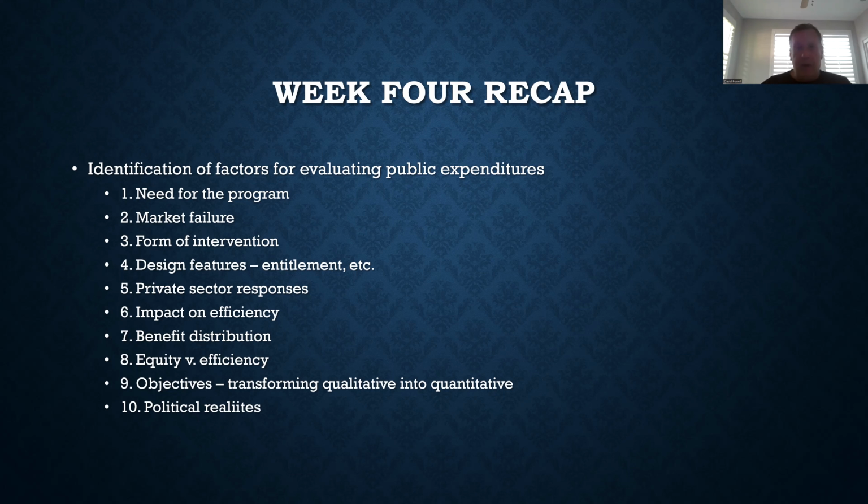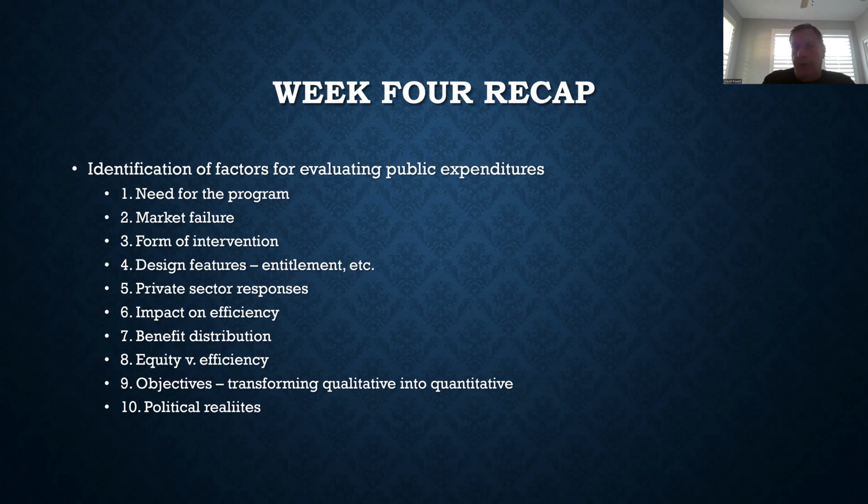And so if you have a very conservative administration and a conservatively dominated Congress, that Congress will probably be much more likely to support leaving it to the private sector and will oppose government intervention. If you have a more liberal administration and a more liberally controlled Congress, then you're probably going to see more public sector intervention. So again, just how politically feasible is it to have private or public intervention in the provision and or production of this good or this service?